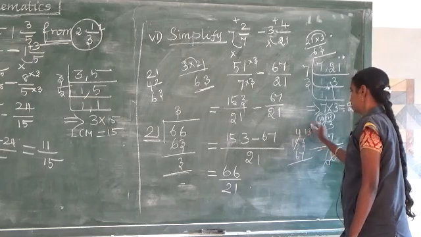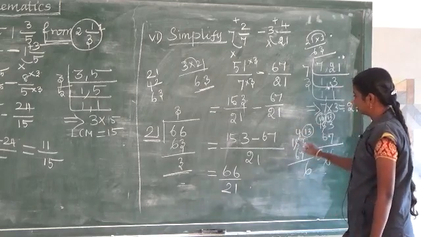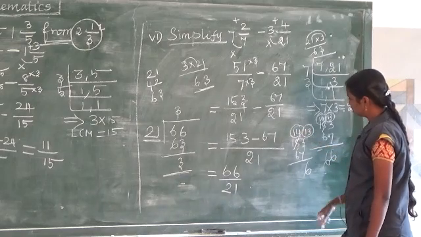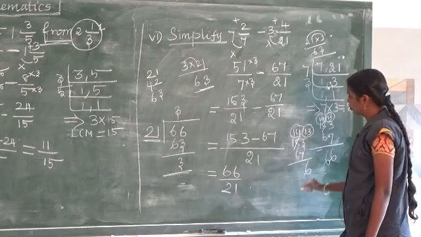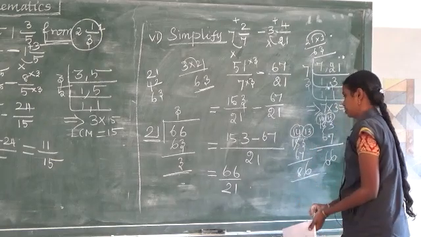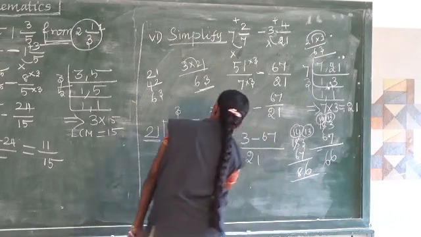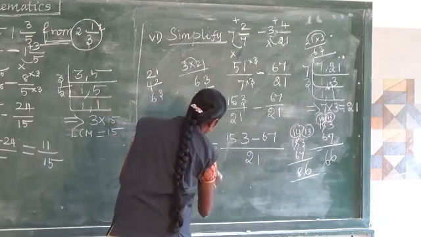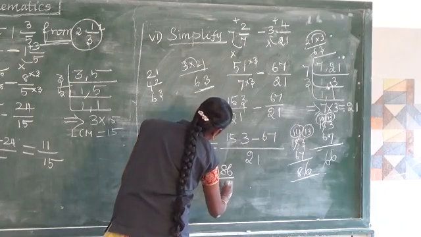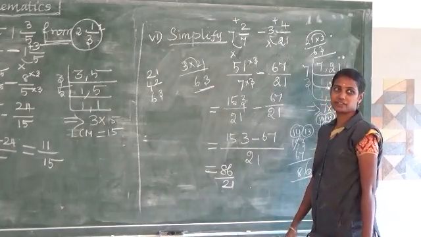13 minus 7, 6, correct. Then it becomes 14, 14 minus 6, 8. Sorry, here only is the mistake: 86/21. So when we subtract, we have to be careful.